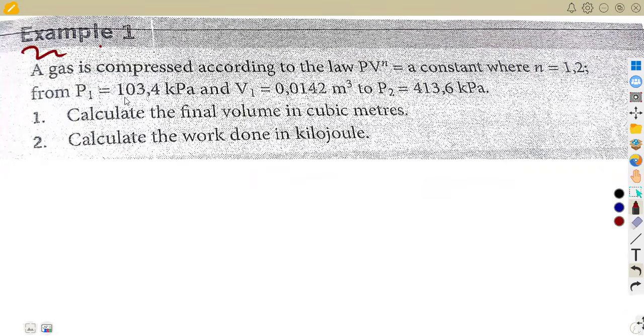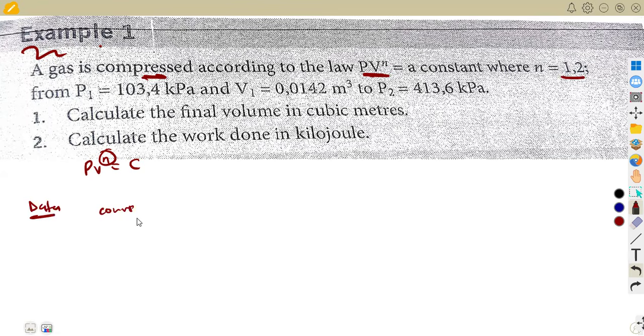Example number 1: a gas is compressed according to the law PV to the exponent of n is equal to C. So we're talking about a polytropic process, where n is equal to 1.2.